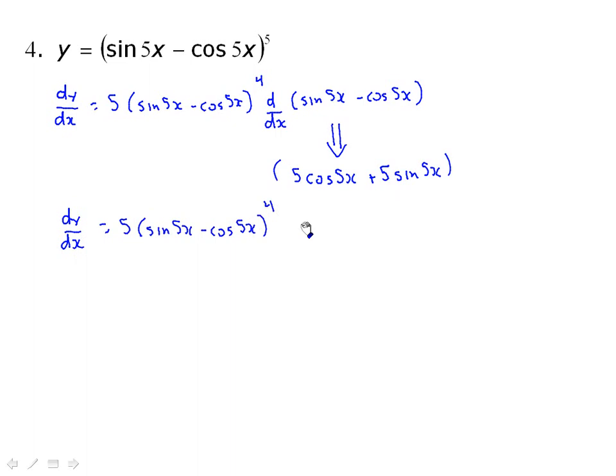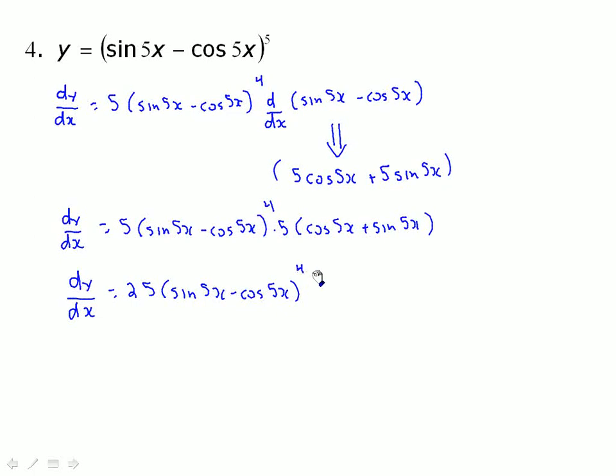now when you take a look at this next one, you're probably thinking, as am I, that we can factor out a 5. And then that will give you cos 5x plus sine 5x. So dy dx, now 5 times 5 is 25, and then sine of 5x minus cosine of 5x to the 4 multiplied by cosine of 5x plus sine of 5x.